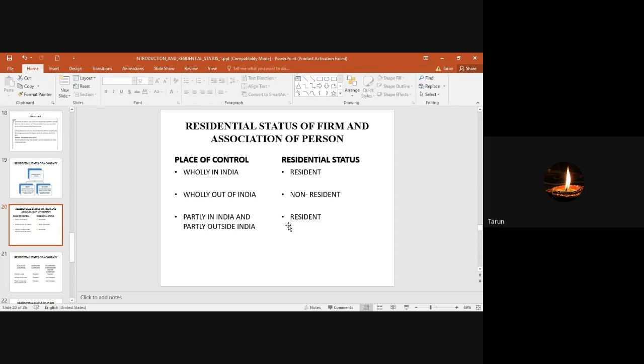When it comes to the firm and association of persons, practical questions will mostly be asked in case of an individual and a Hindu undivided family. So focus on those categories when it comes to the practical questions. I'll give you the PDF file of the practical questions which will be asked in your IGNOU examination at BCom level.